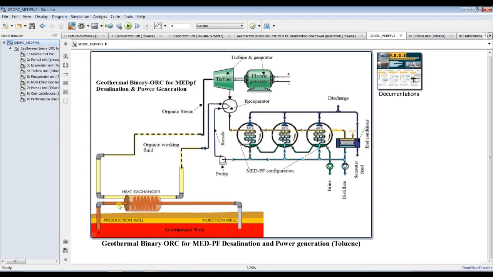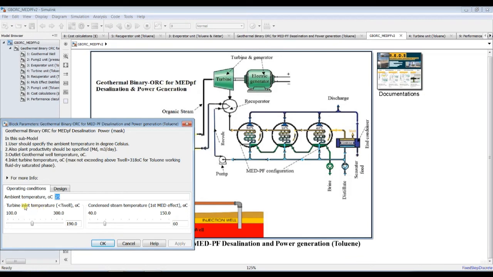It will be calculated from this intermediate unit based on this stream, and this stream is also calculated. We have three streams calculated, and one stream we assigned. We only assigned the top turbine inlet or top vapor stream. This is the only one we already assigned from the beginning, from here, as you can see.